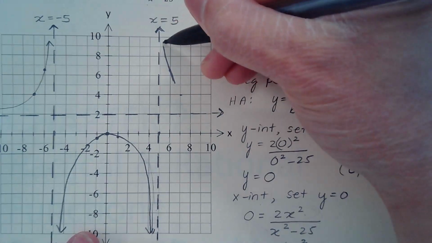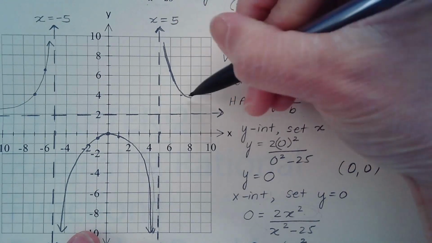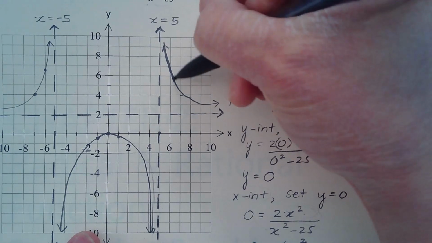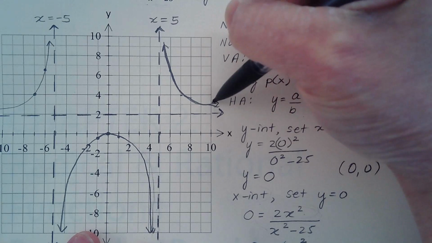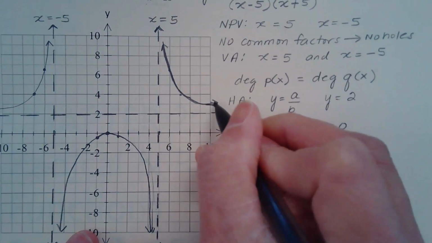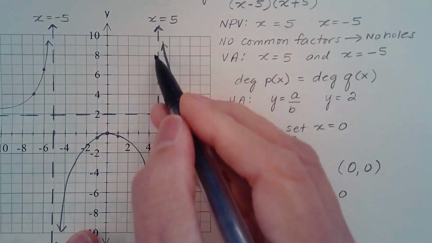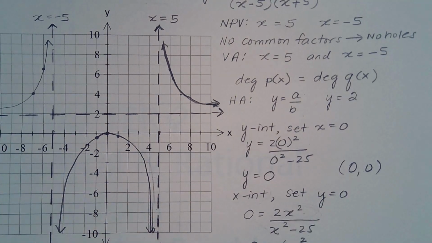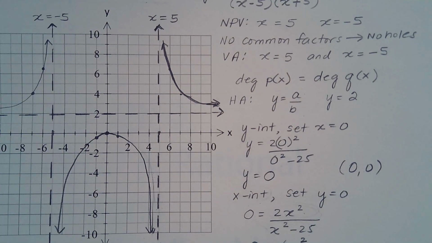It's kind of looking like that. Okay, so it approaches both the vertical asymptote here and then the horizontal asymptote there. Is that good?